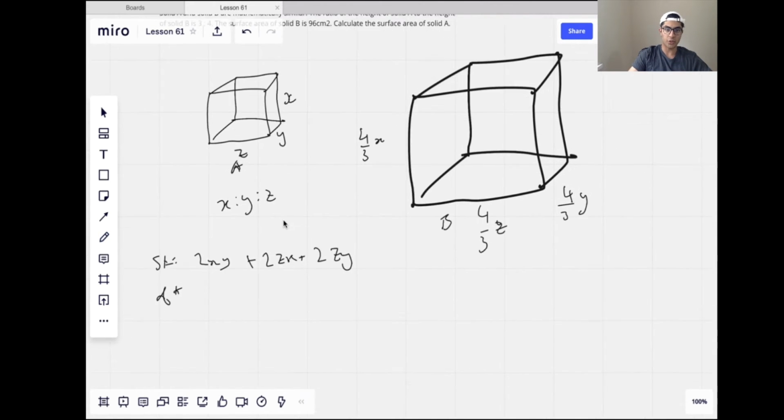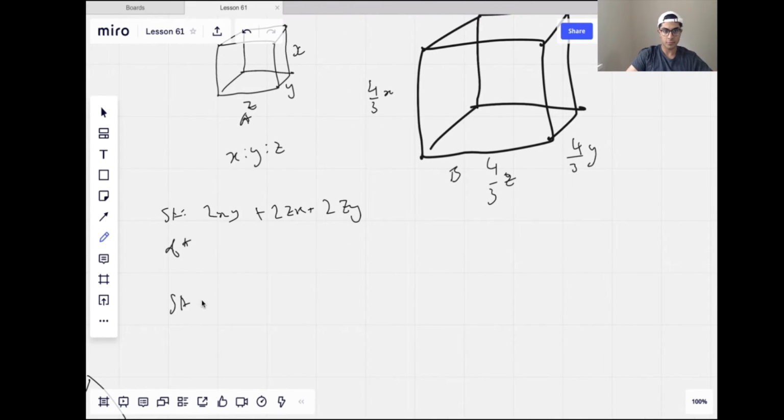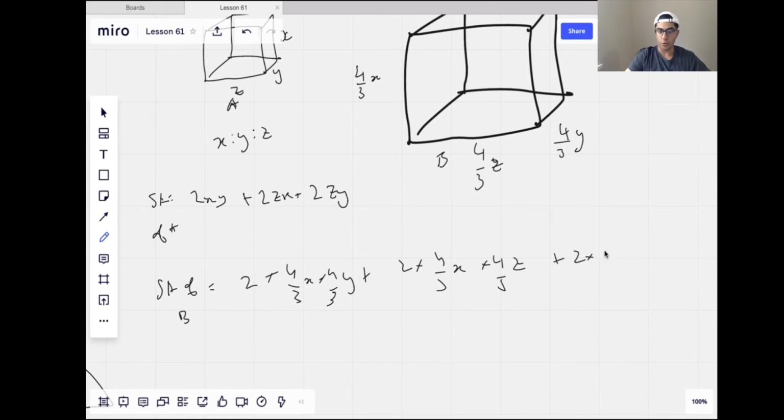If we look at the surface area of B, it is equal to 2 times its length, basically its height, times its width, so 2 times 4 over 3x times 4 over 3y, plus 2 times 4 over 3x times 4 over 3z, plus 2 times 4 over 3z times 4 over 3y.